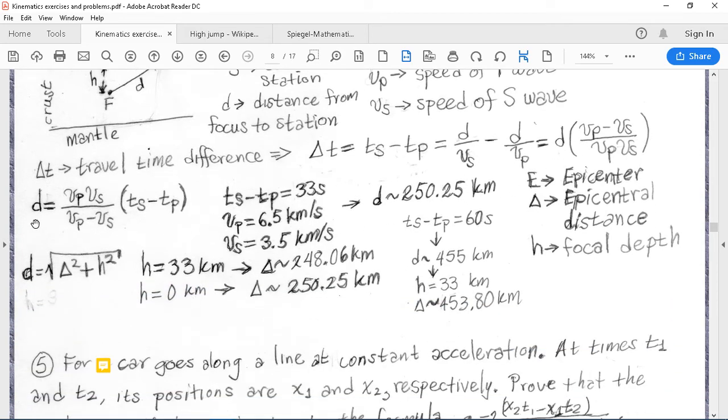So that d equals Vp Vs over (Vp minus Vs), multiplying Ts minus Tp. So if Ts minus Tp is 33 seconds, Vp is 6.5 kilometers per second, Vs is 3.5 kilometers per second, that gives us that d is 250.25 kilometers.